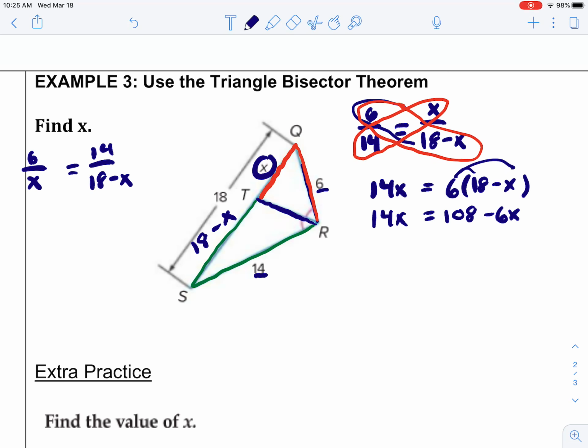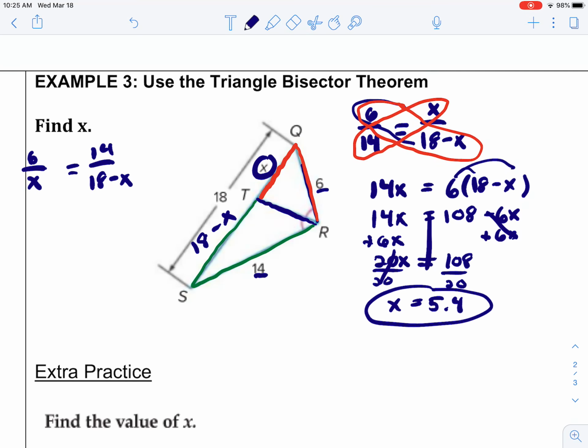All right, now let's just do our algebra correctly here. Let's get these x's onto the same side of the equation, undo it from the right side and add it over to the left side. And that leaves us with 20x is equal to 108. And then to undo 20 times x, to undo multiplication, we will divide. And so we have x is equal to 5.4.